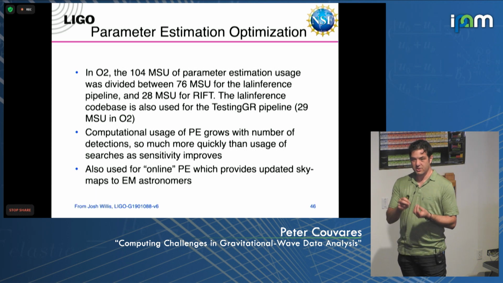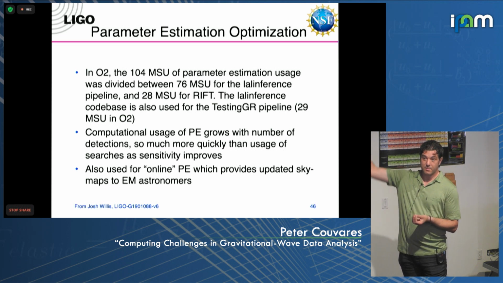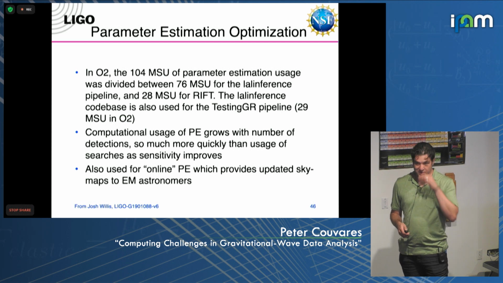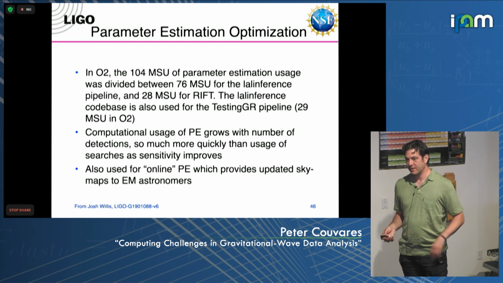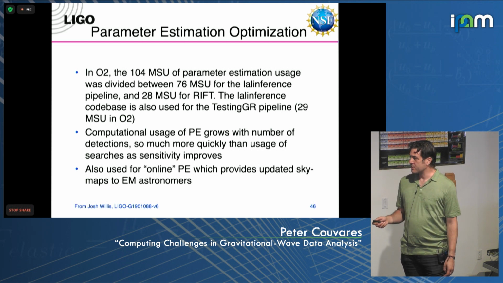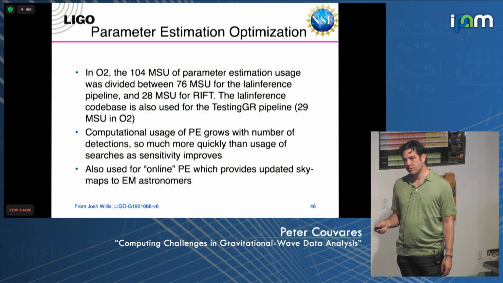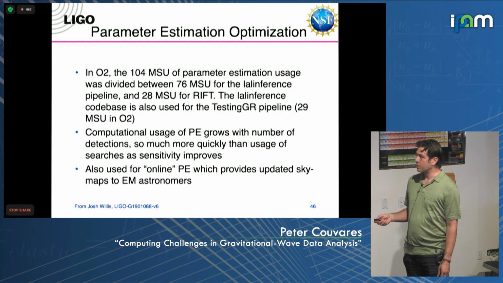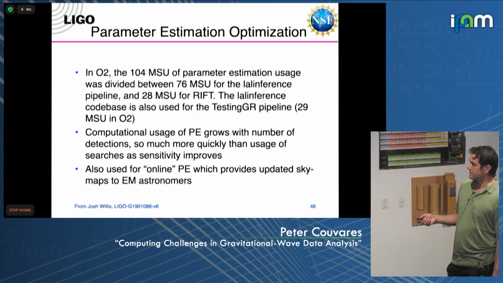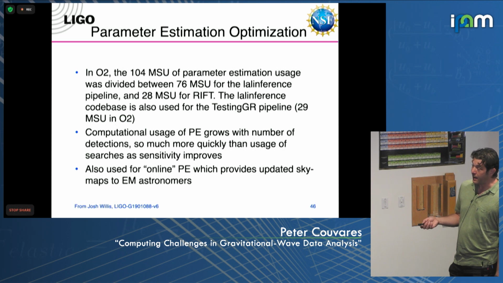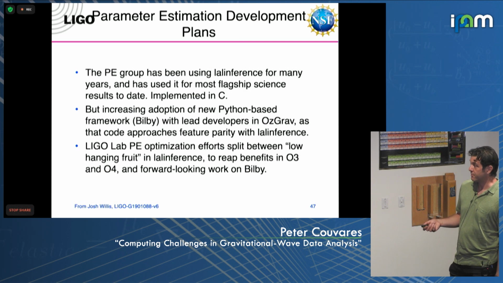And the cost of parameter estimation scales with the number of detections, whereas the search just scales with time and sensitivity. So as our detectors get more and more sensitive, our parameter estimation costs are exploding. Figuring that out has become a real challenge and is now the number one focus of our optimization effort.